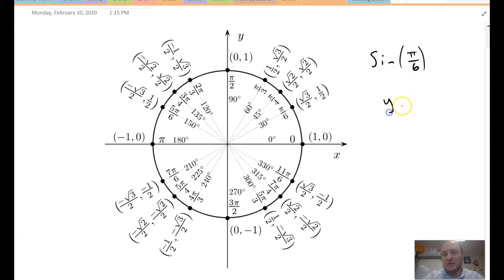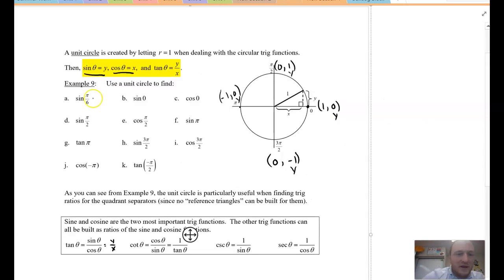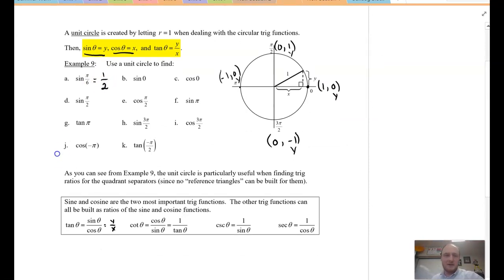That's the y value at pi over 6. This isn't math notation, so I wouldn't write this down, but I'm just showing you. Here's pi over 6, here's the y value, so our answer is 1/2. And if you use the hand trick, that works wonders.